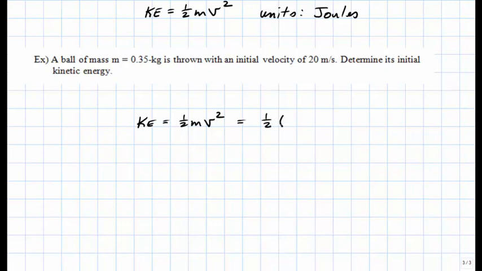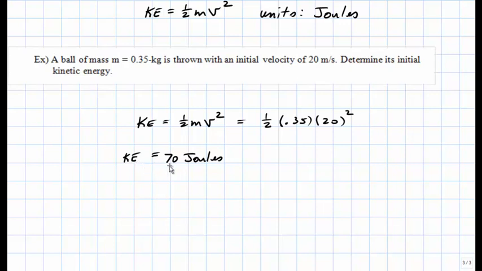The mass of this object is simply 0.35 and the velocity is 20. We're going to square that, and as a result, the object has 70 joules of kinetic energy, which means if the object collided with another object, it would be able to do 70 joules of work.